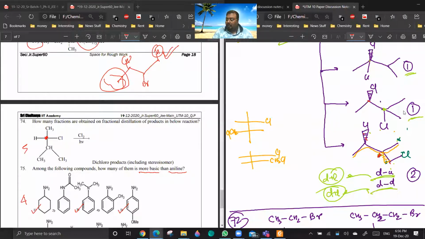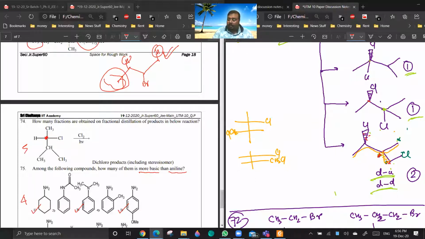So once again, can you say the last one? What I am saying is that this is down. Now with respect to this, this can be up or this can be down because here there is a new chiral center created. So this can be up or down the plane.